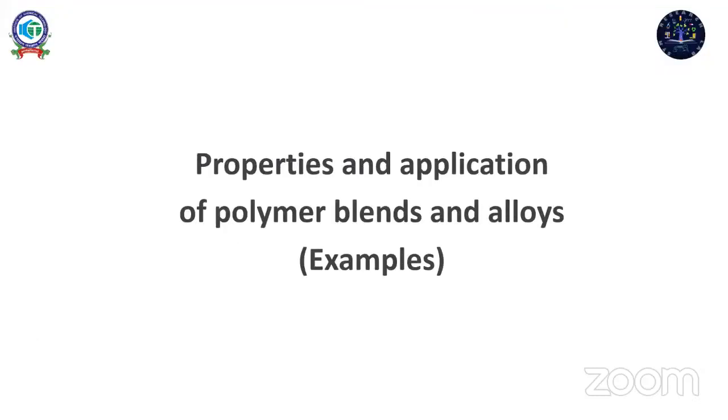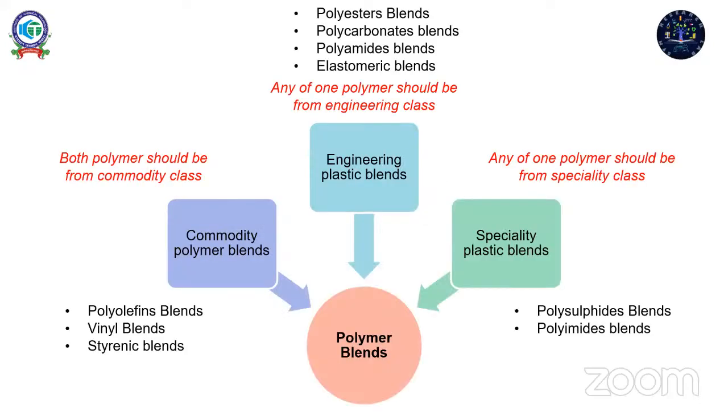Now talking about the different properties and applications of polymer blends and alloys. I will discuss different polymer blends, their applications and properties, and what their alloys are. As we have talked, polymer blends can be commodity polymer blends, engineering plastic blends, or specialty plastic blends. In commodity polymer blends, both polymers should be from the commodity class.